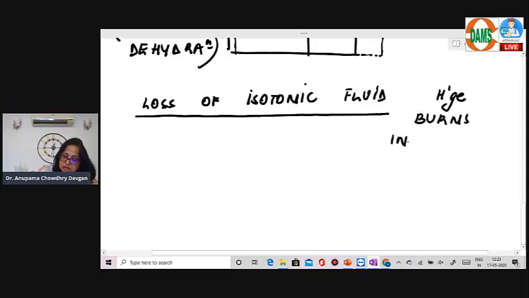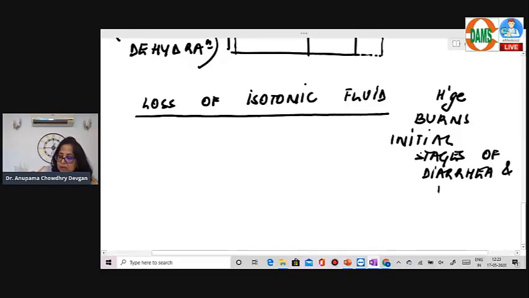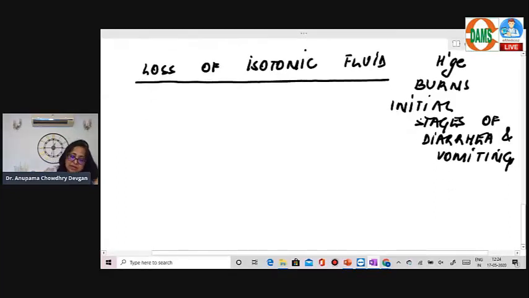In initial stages of diarrhea and vomiting, right? So these are the ones, this is loss of fluid. These are loss of isotonic fluids.